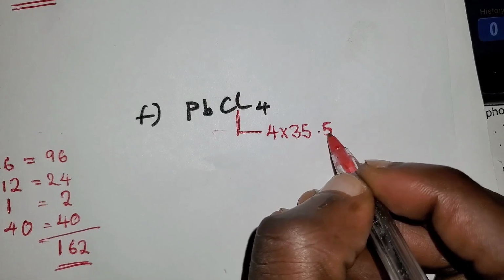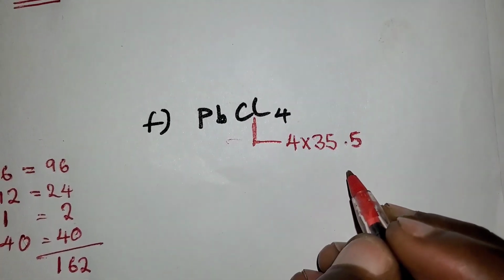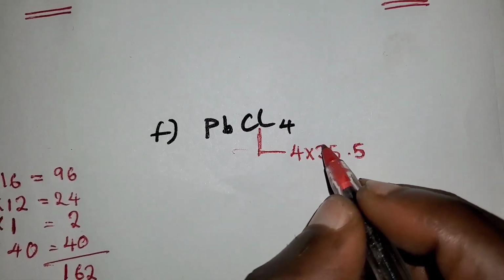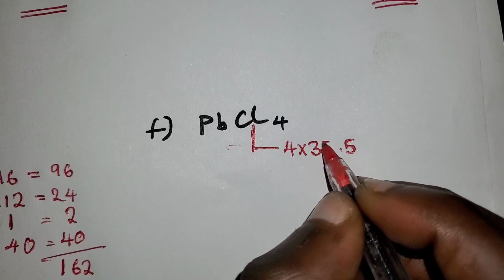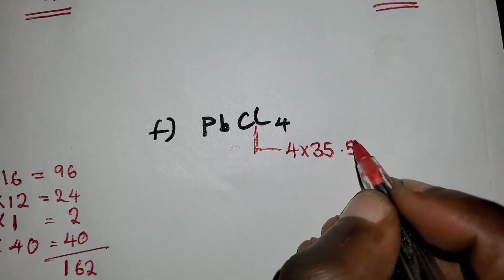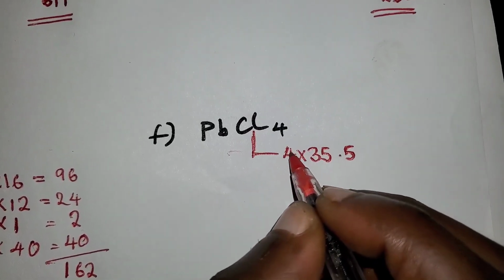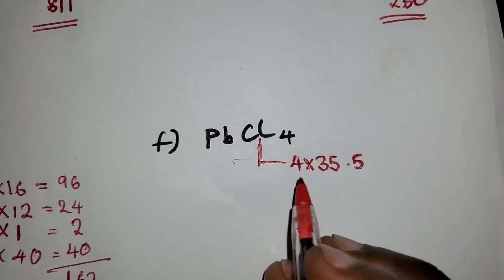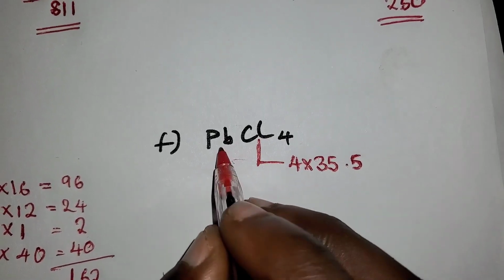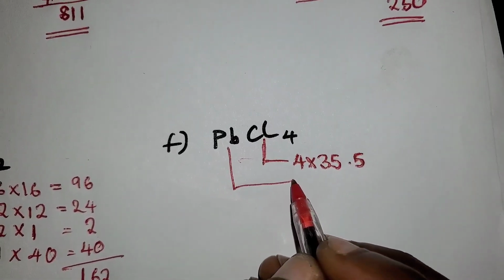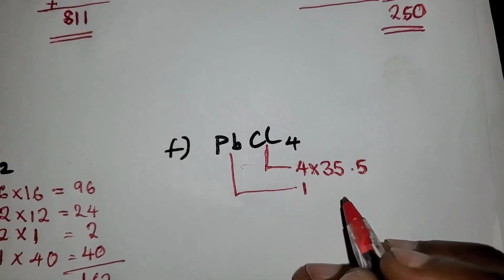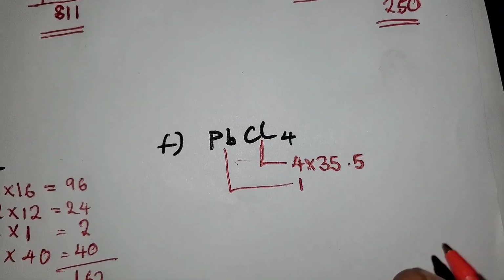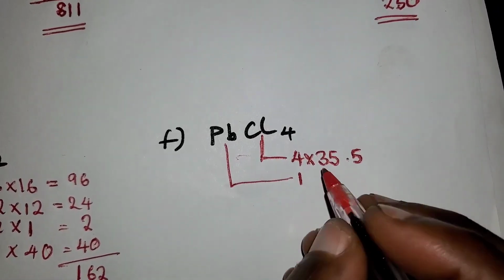The mass number of chlorine on the periodic table is not a whole number because it is an average of 2 isotopes, isotope 35 and 37. So it's an average. Next is lead. You have 1. If you check the periodic table, the mass number of lead is 207.